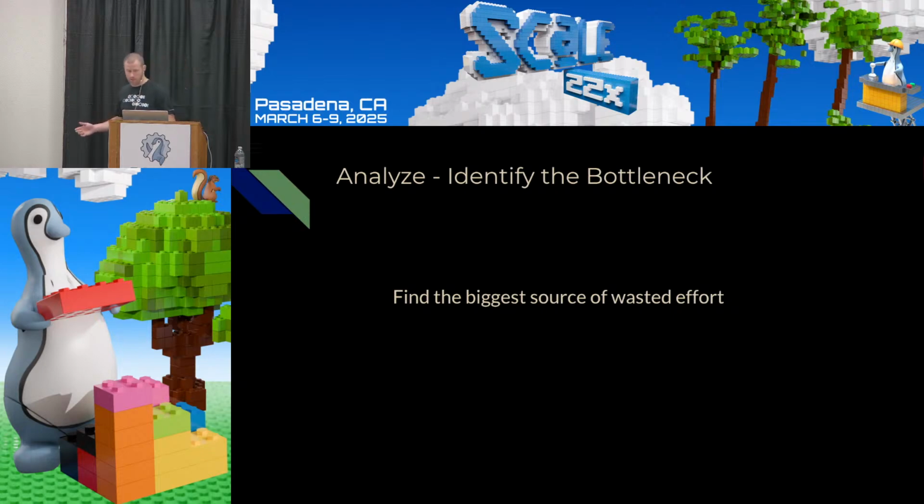Then we move on to the analysis phase, where we want to identify the bottleneck and take all the data and information that we've collected and use it to determine what our problem is. This is often the hardest part of the process. Sometimes your app is just doing a lot. Again, usually not.